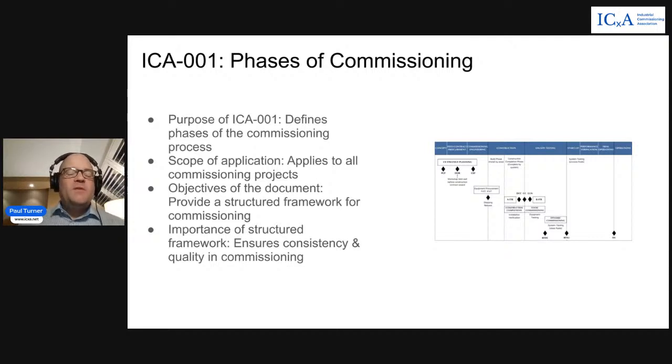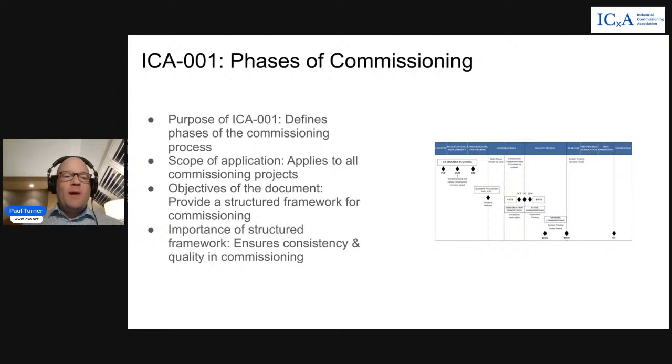But what it's defining here is right from the start of projects, right to the end and handover to operations, and what this transition looks like through different phases of the project as we transition from design to construction to commissioning. So the objectives of the document is to provide that structured framework that's needed for commissioning, that's established very early in projects for a strong completion of projects in the end.